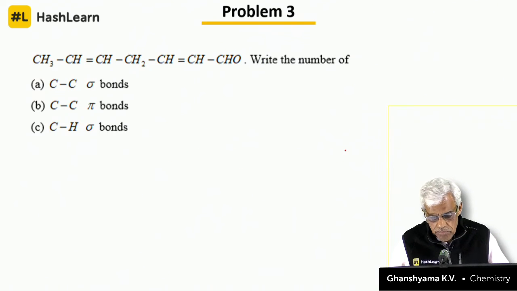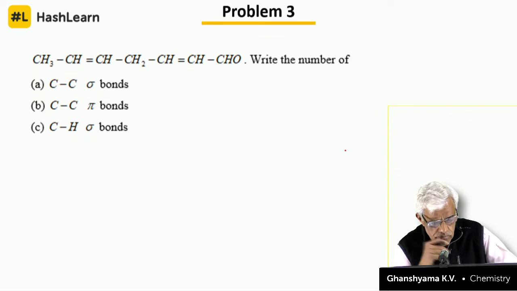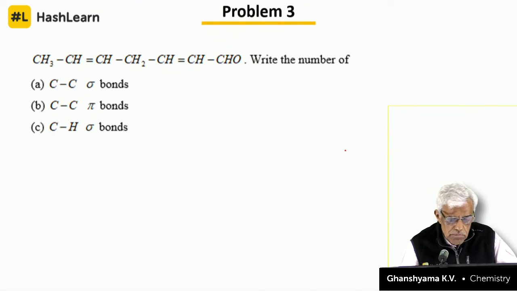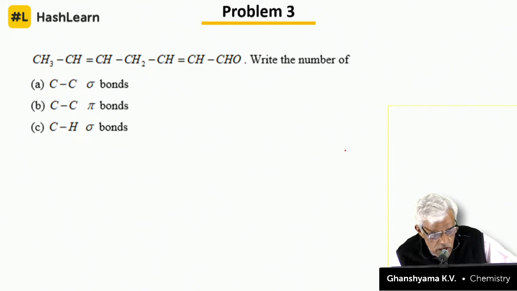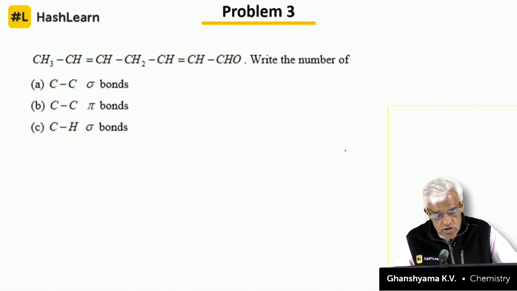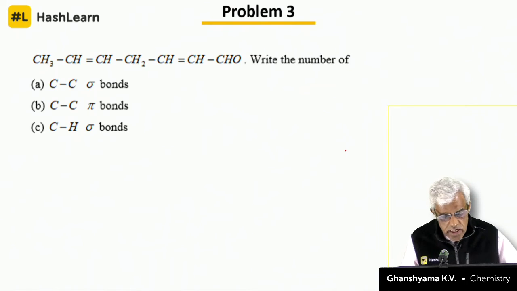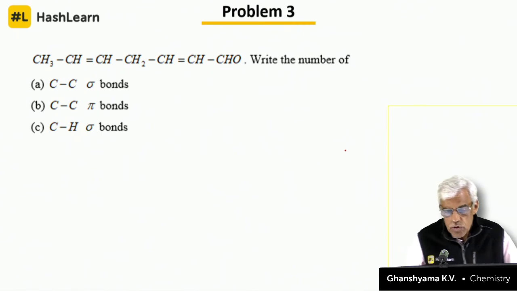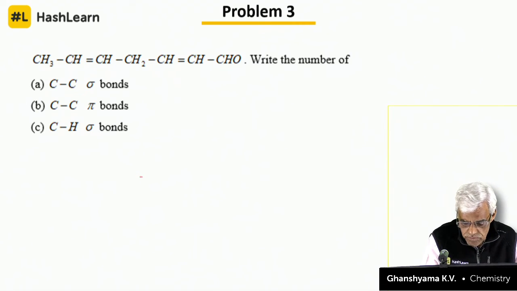Then the next question is: write the number of carbon-carbon single bonds, carbon-carbon sigma bonds, carbon-carbon pi bonds and carbon-hydrogen sigma bonds in this. How many are there? And then we shall try to know the IUPAC name of this compound.